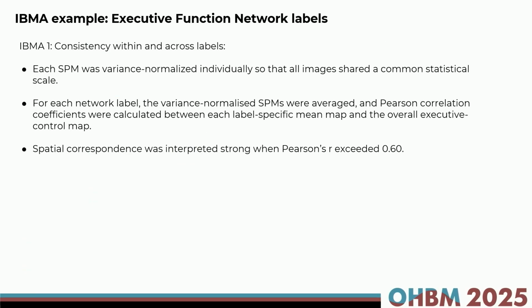So the first IBMA we run investigates the consistency within and across labels. For each network label, we average the variance-normalized SPMs, and we calculate the Pearson correlation coefficient between each label-specific mean map and the overall executive control maps. We consider the spatial correspondence to be strong if the Pearson correlation exceeds 0.6.